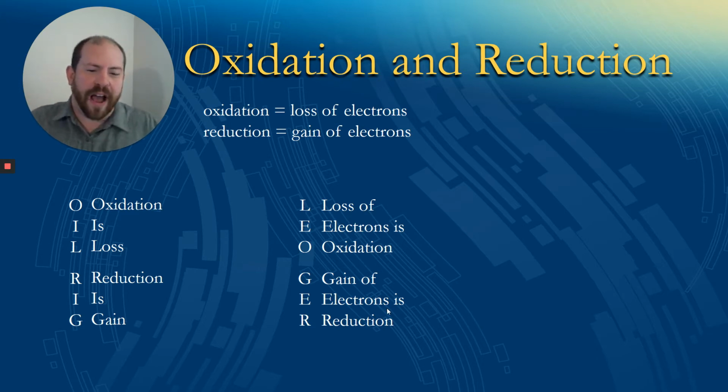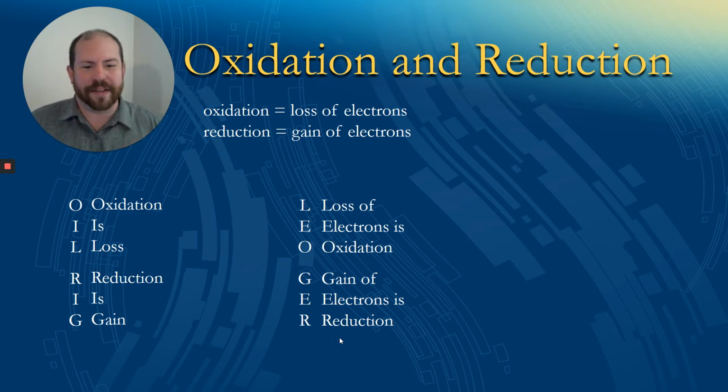The other hook that I use sometimes to remember what's going on, oxidation or reduction, is the term reduction itself. That sounds like something should be going down. What is it that's going down? Well, GER tells us reduction is not a reduction in electrons, it's actually a gain in electrons. But what do we know about electrons?